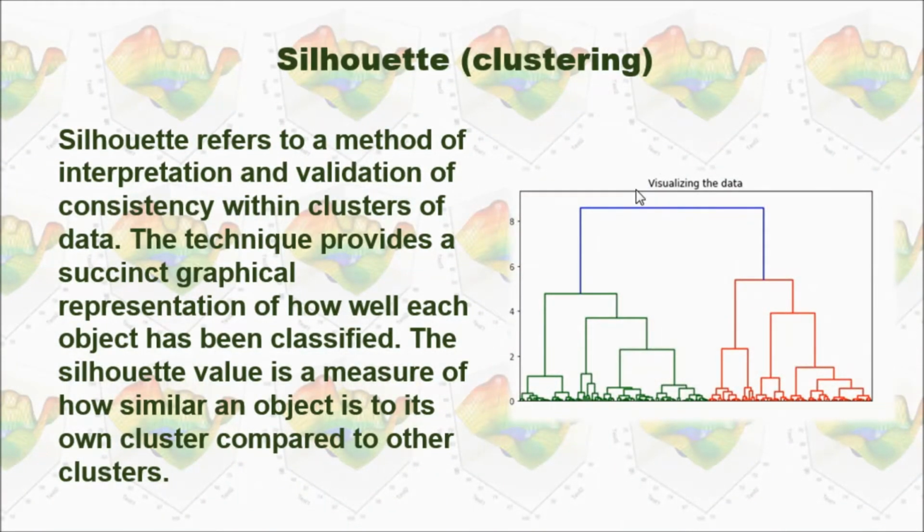We can get silhouette score here, here, and here, depending on different numbers of clusters. If we have the largest silhouette score around here, we are going to choose those clusters, and then we are going to have 3 clusters for our final result. Now let's go to Python to see how we are going to implement that.